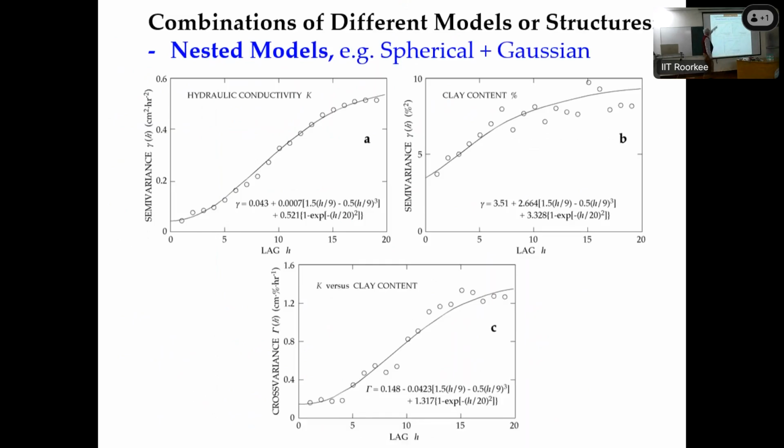Here we see an example of a spherical model. Notice we are not starting at 0 for any of these three models. This is an example of co-kriging, for example. We have two variables, hydraulic conductivity and clay content, and then we have the cross semi-variogram, similar to the cross correlation that we learned yesterday.